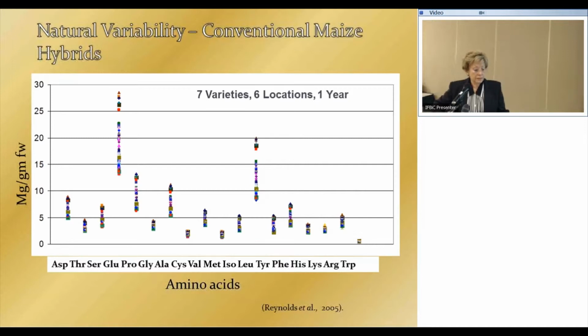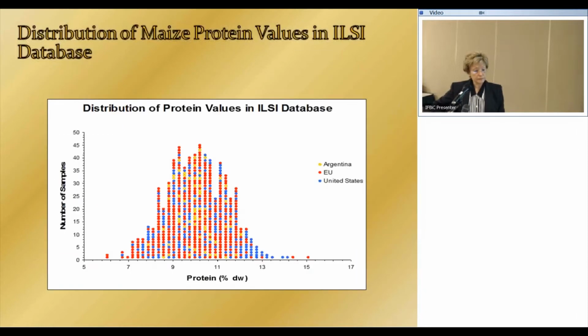So, natural variability in conventional maize hybrids. This diagram, a graph, actually shows the different amino acids in 7 varieties, 6 locations, in 1 year. You can see there's a very, very big variability. This is specifically from the ILSI database.